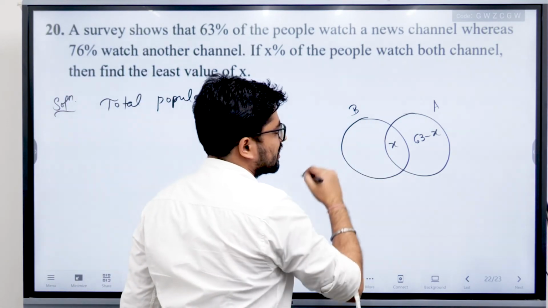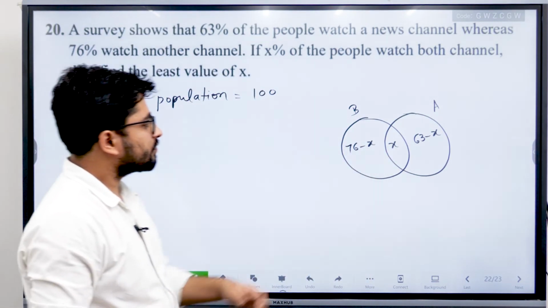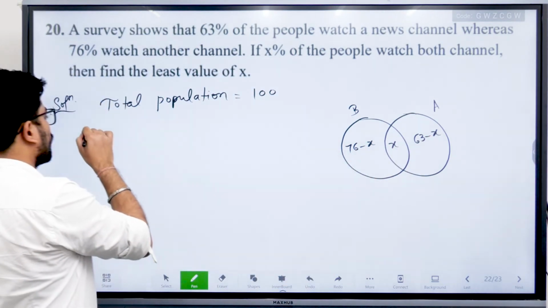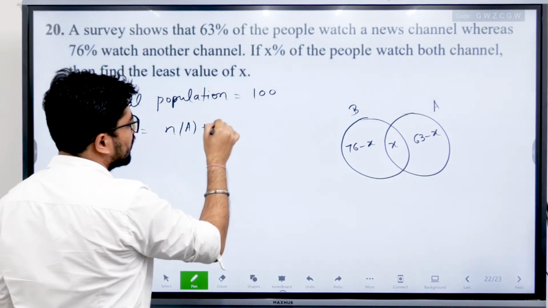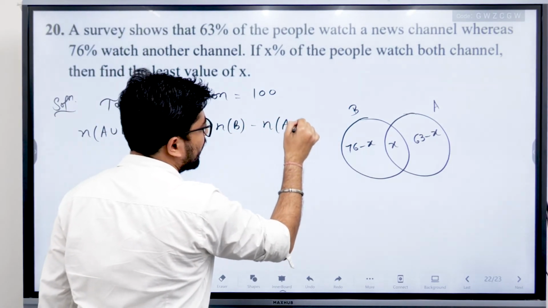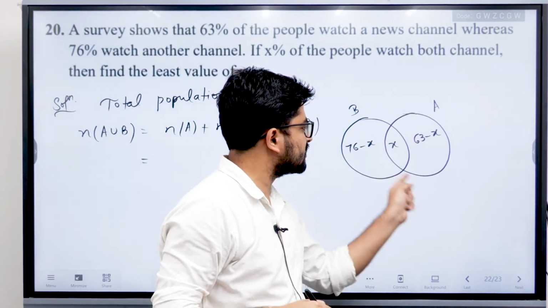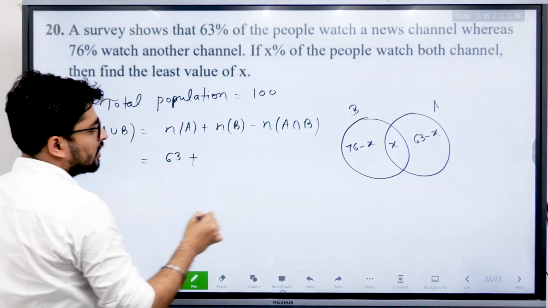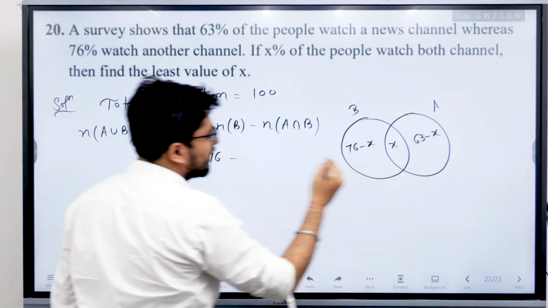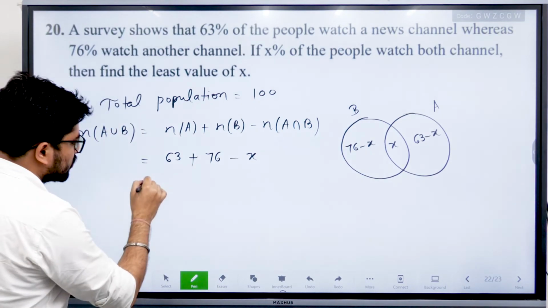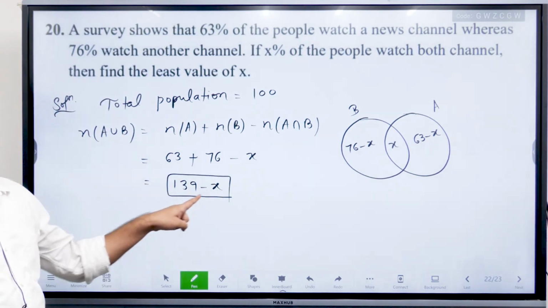For the other channel, let's say that set is B. So we have 76 minus X who watch only the other channel. The total number of elements in A union B is n of A union B, which is equal to n of A plus n of B minus n of A intersection B. So n of A union B will be 63, plus 76, minus x. This is equal to 139 minus x.